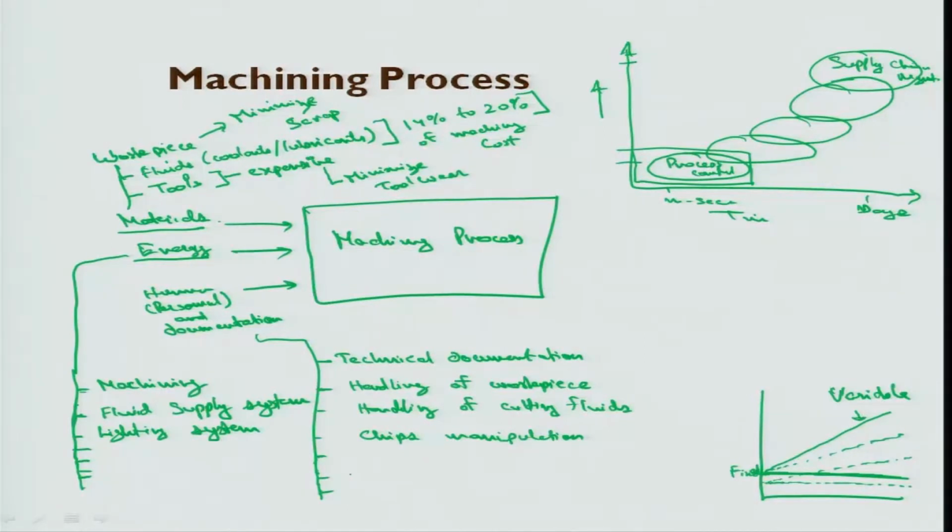In case of automated machining, for example in CNC machining, certain things are automated. So in case of CNC machining or certain automated machining, the worker involvement is less. In that case, the cutting fluids etc. all are controlled by an automated system. Even the machining is done by that. The worker does not have to control the flow or the feed of the tool.